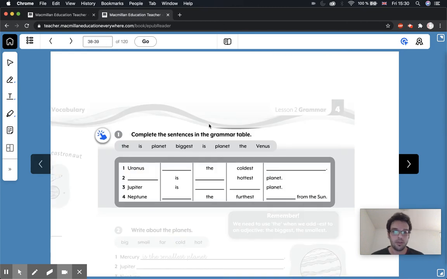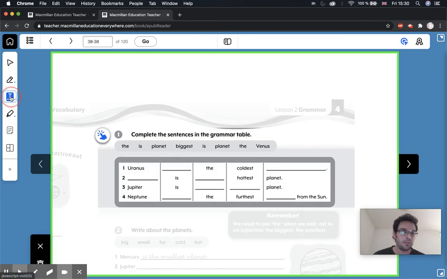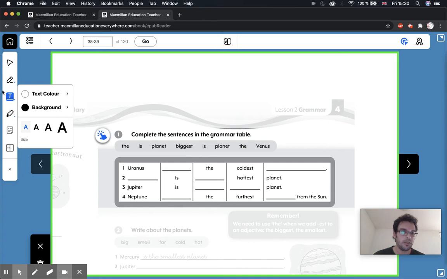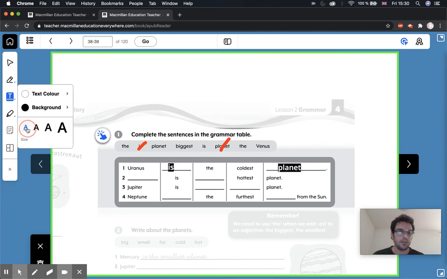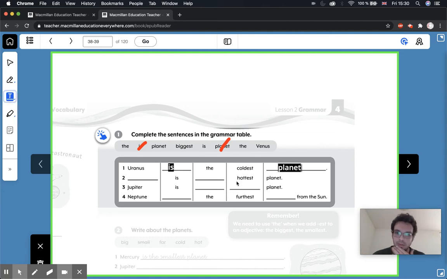Okay, so we will say, writing here, Uranus is the coldest planet. Uranus is the coldest planet. Okay? The coldest, el más frío. Uranus is the coldest planet.